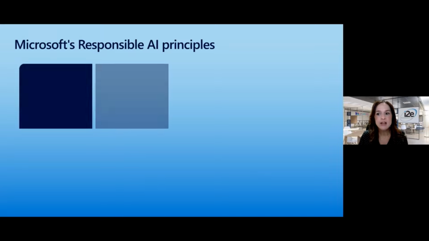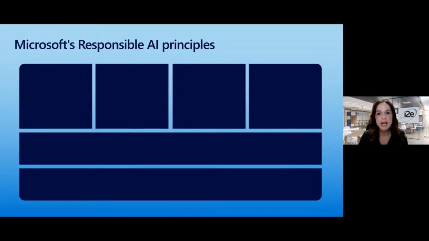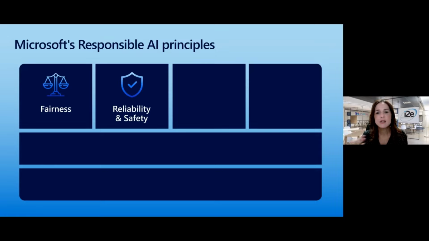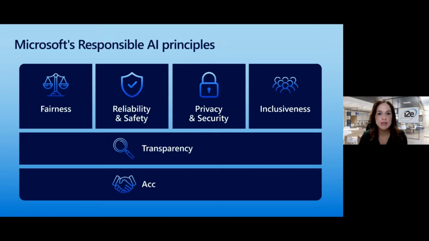One of the ways that Microsoft has committed to the impact in education is through their responsible AI principles. Now, I'm not going to dig into every single one here, but we have fairness, reliability and safety, privacy and security, inclusiveness, very important, transparency, and finally, accountability.